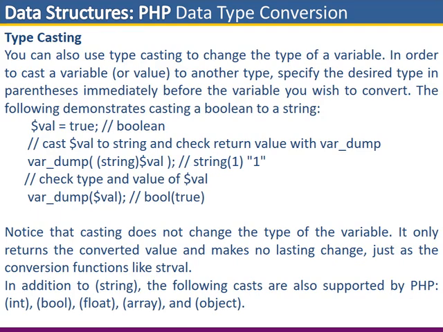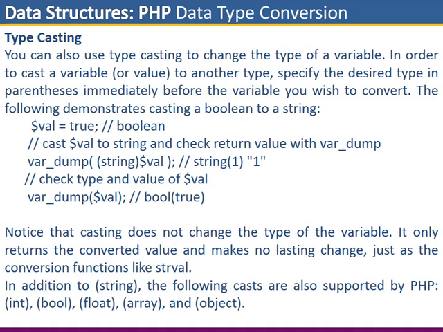Typecasting is converting one data type to another. You can also use typecasting to change the type of a variable. In order to cast a variable or value to another type, specify the desired type in parentheses immediately before the variable you wish to convert.